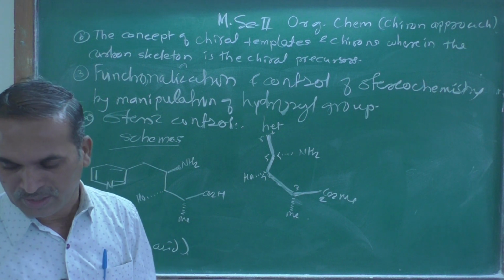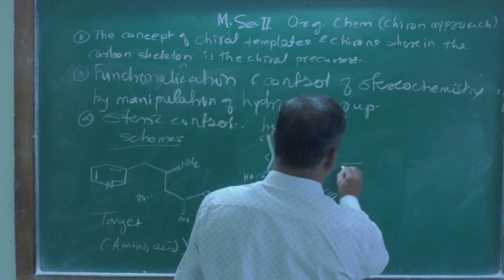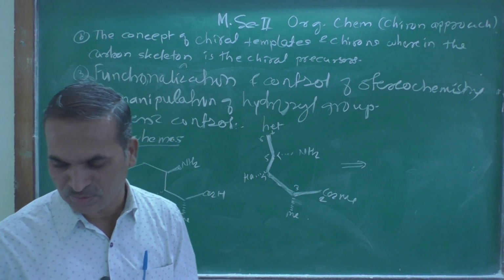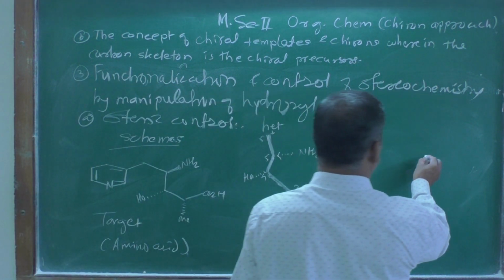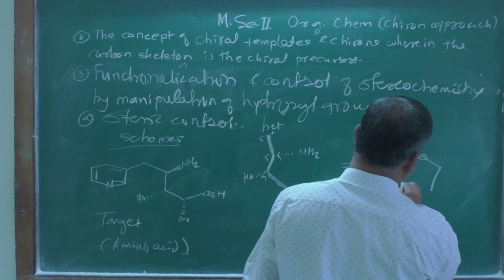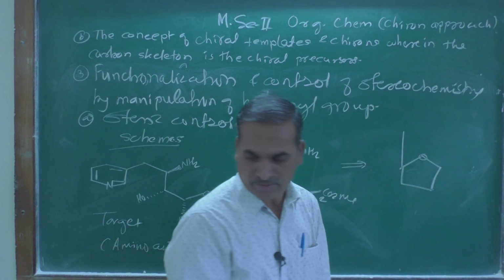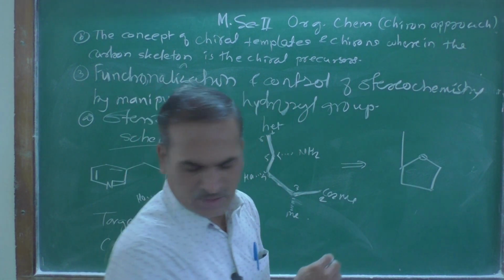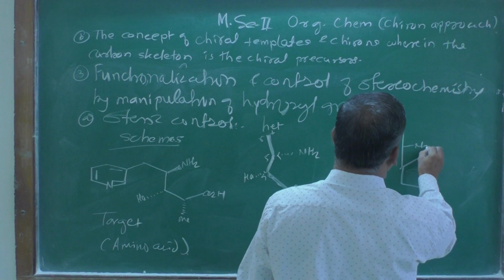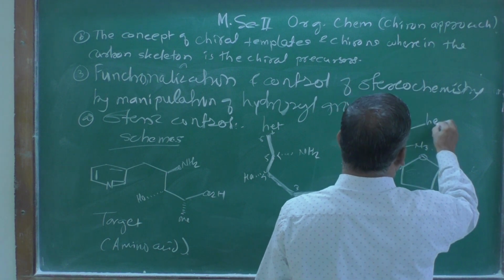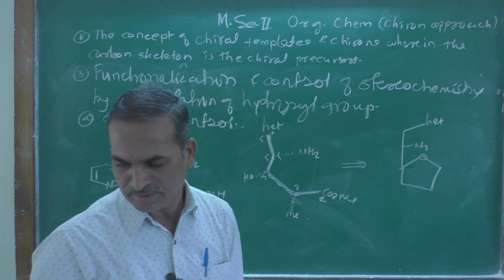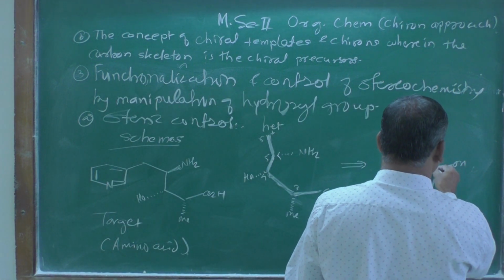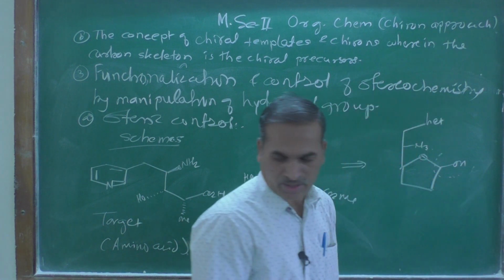And now if you do the retro of this, we are trying to find out the chiral precursor over here. What do you get? You will get this one. Generally here there is an N3, azide group, and here is a heterocyclic, and this OH can be put here like this.